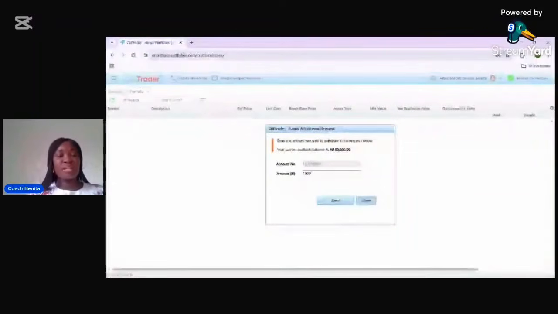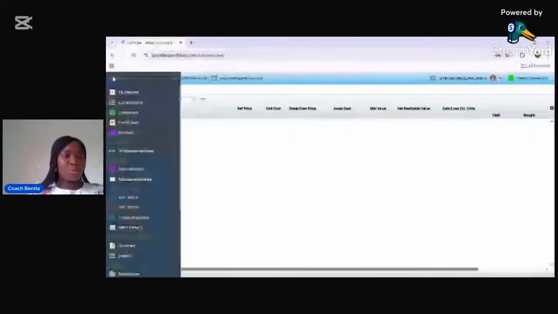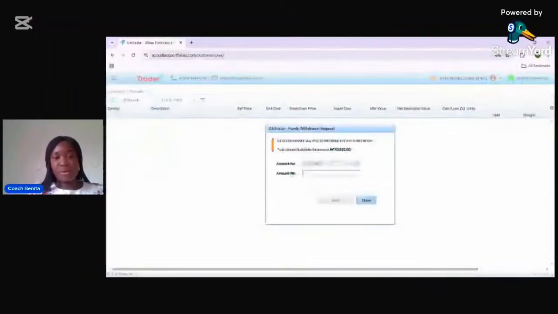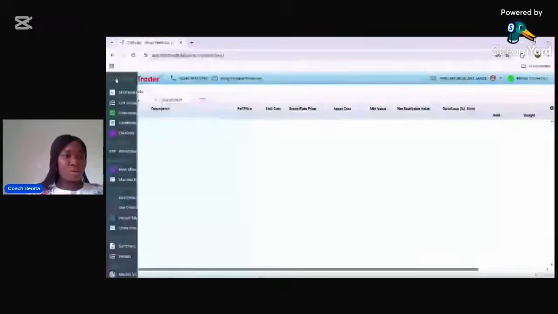So when you have money in your Atlas portfolio account and you want to move it into your bank account, all you need to do is come to withdrawal request, type the amount you want to withdraw and send. But we are not withdrawing anything today. I'm just teaching us how to do all of these things.